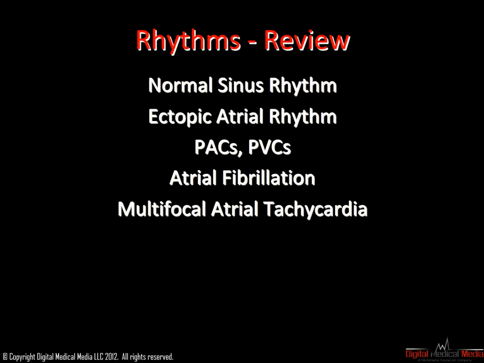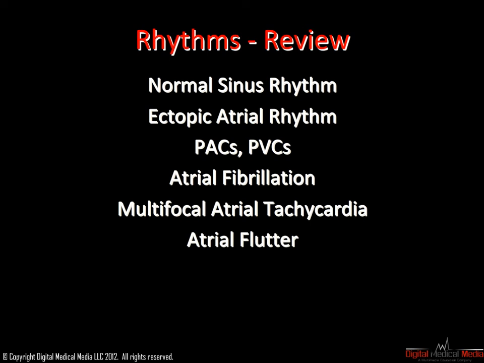Atrial fibrillation is defined by a completely inconsistent and irregular atrial activity, whereas multifocal atrial tachycardia has 3 or more P waves scattered across the 12-lead ECG. However, there are clear and distinct P waves, one in front of each QRS. The regular SVTs will always have at least one P wave for every QRS.